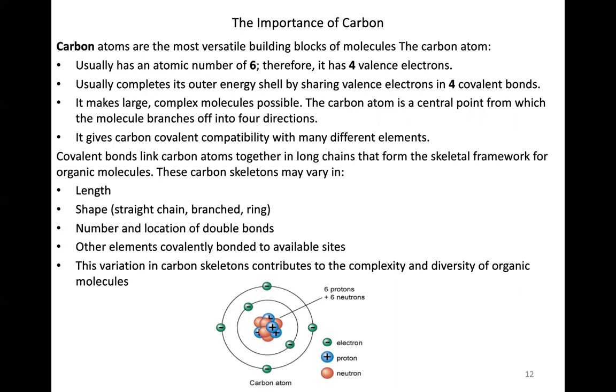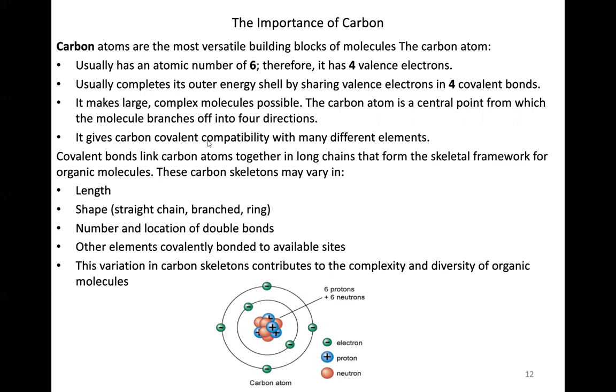You can make branches go in all 4 different directions, in 2 different directions, or in 1 direction. I mean, there are so many different possibilities where carbon is the central point from which the molecule can branch off. It's not always, but into possibly 4 different directions.